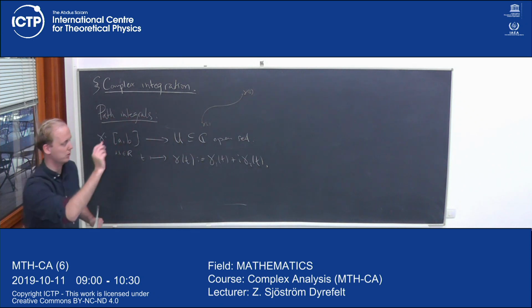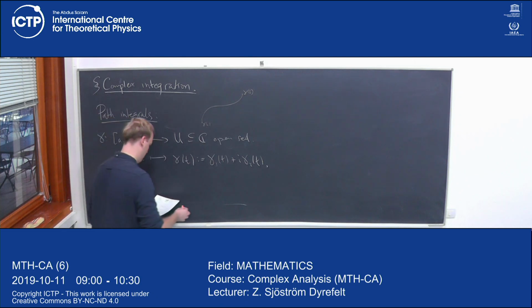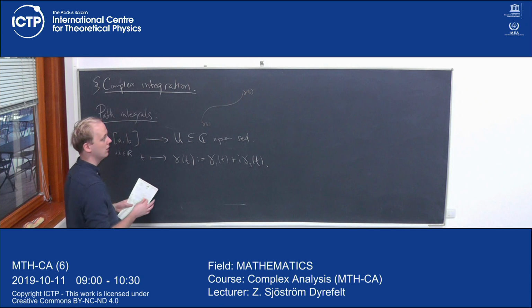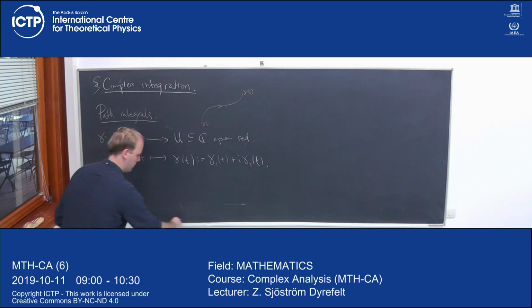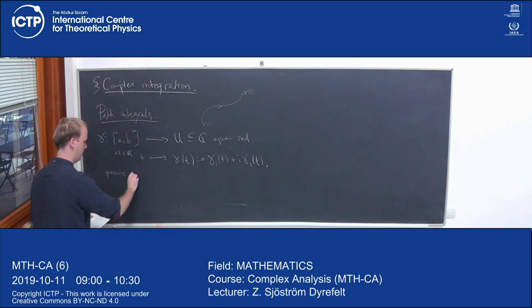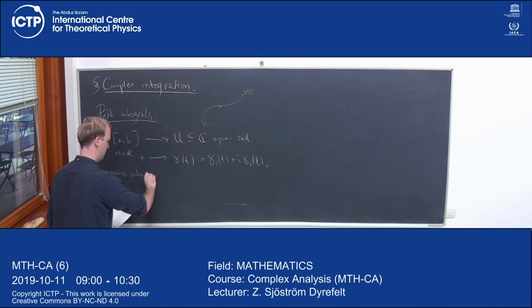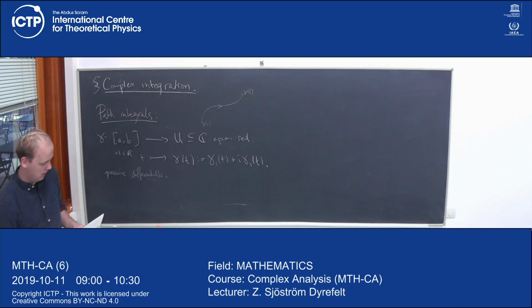You can also do more complicated things, and an important thing is that this has a direction. By the way, I assume that this is piecewise differentiable. This is all I assume.